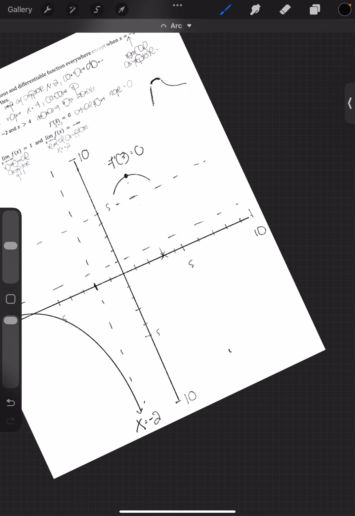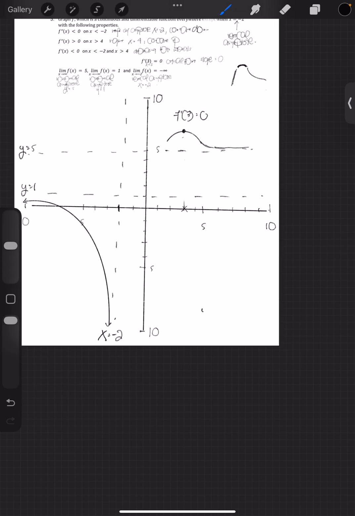Okay, and then like this, so approaching the asymptote but not over it, and then like this.